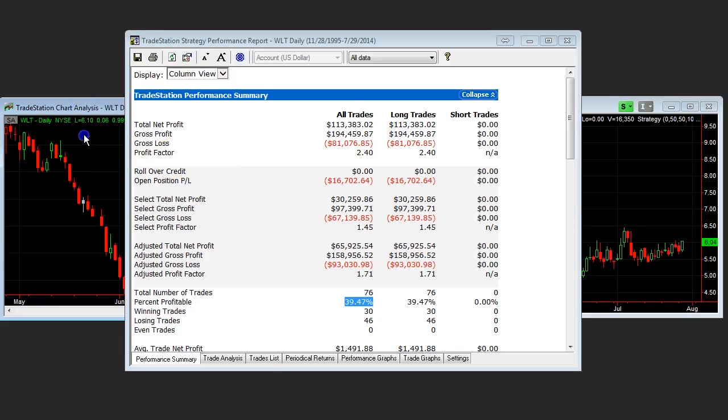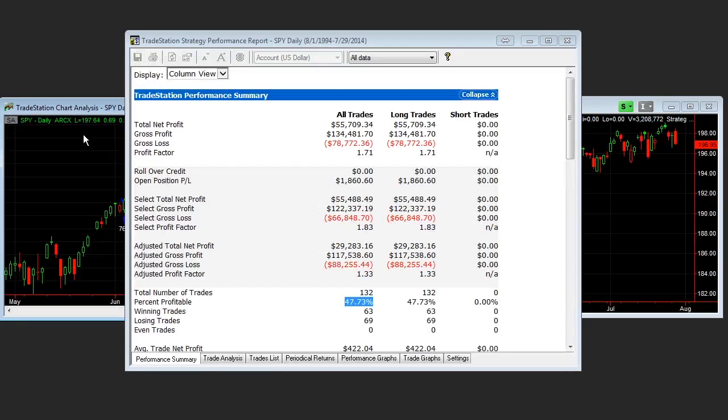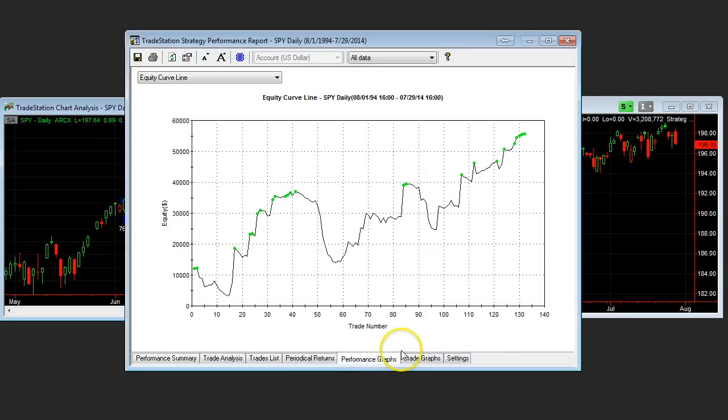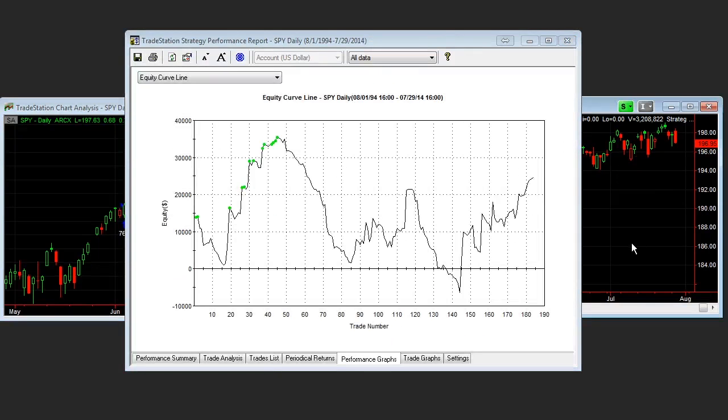And those are all ones that move. Let's just use the broad-based index as an example. So here's the strategy, the momentum-based strategy on SPDR without a filter, 94 to today. And basically a big old mess.